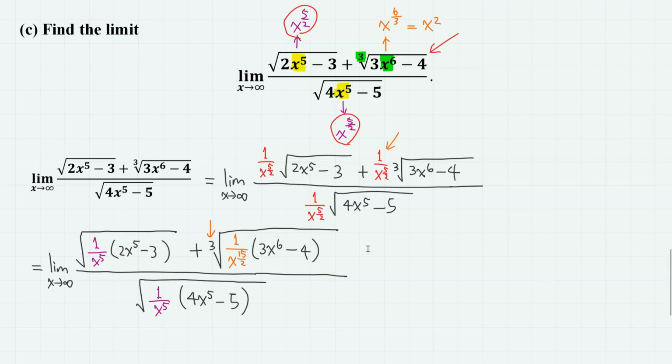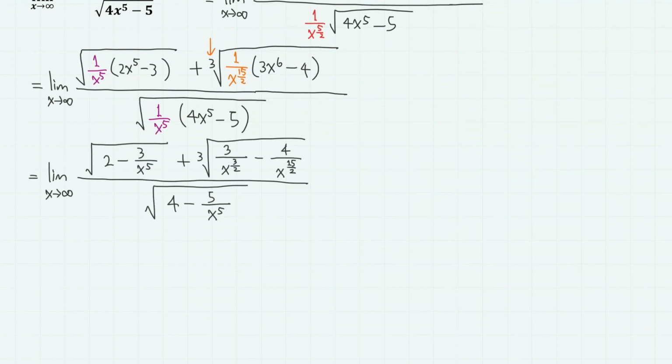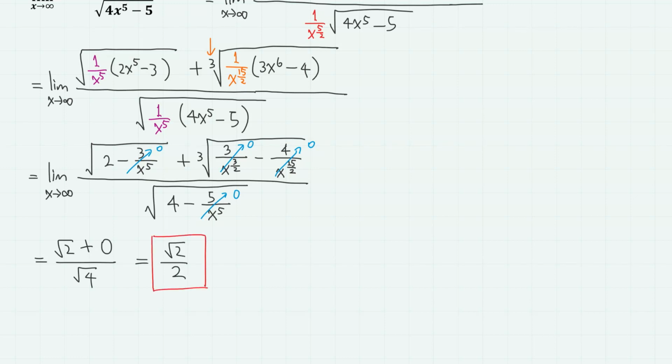Therefore, if we simplify, we have this. So these terms go to 0. So we have square root of 2 plus 0 divided by square root of 4, which is square root of 2 over 2. So this part of the expression does not contribute to the limit.